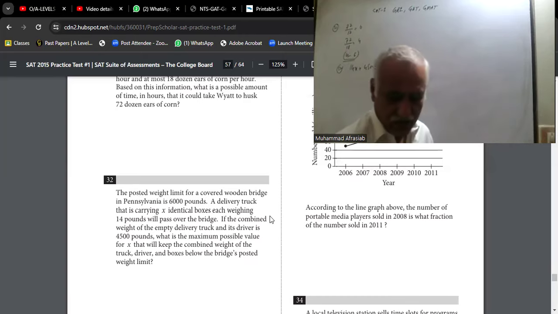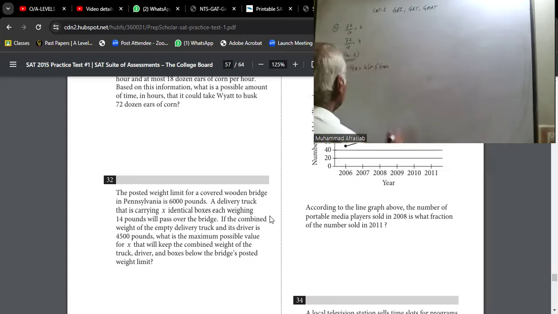So we can write the answer now like this: 14x is less than or equal to 6,000 minus 4,500, which is 1,500.